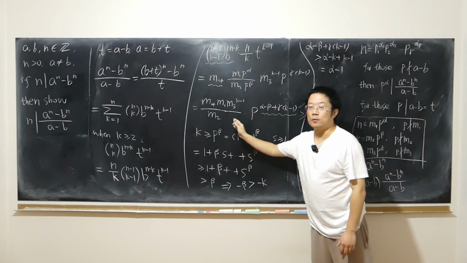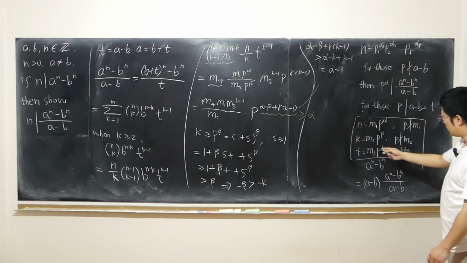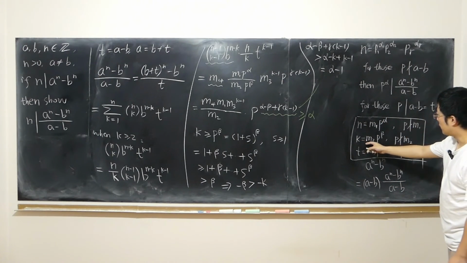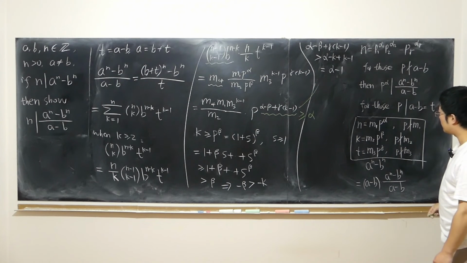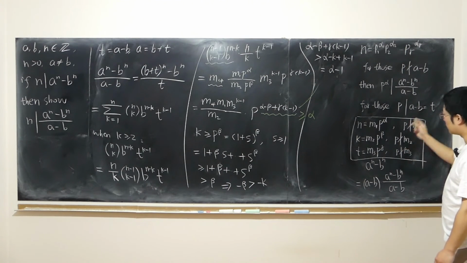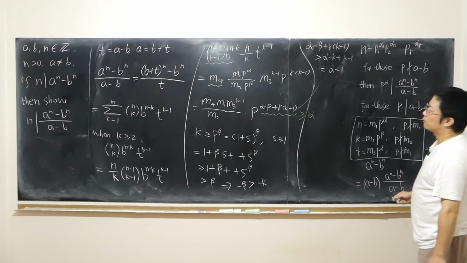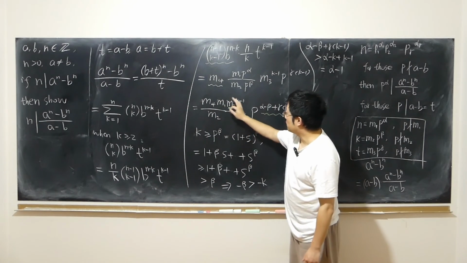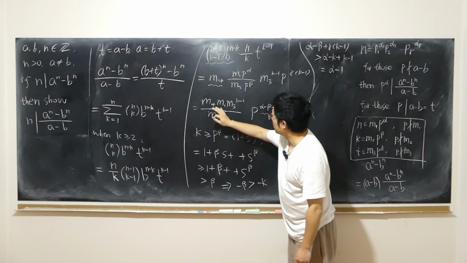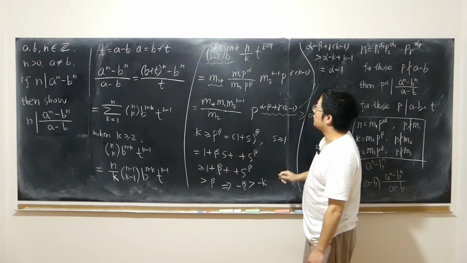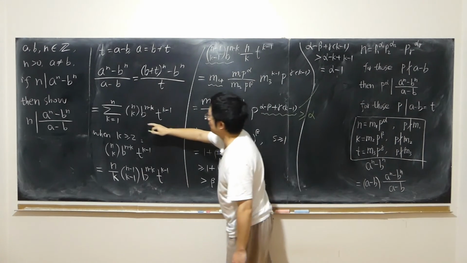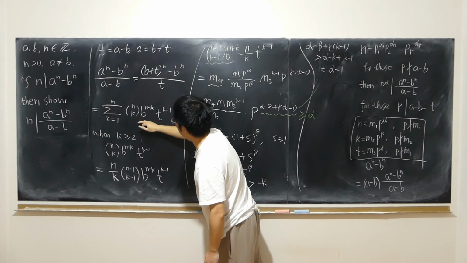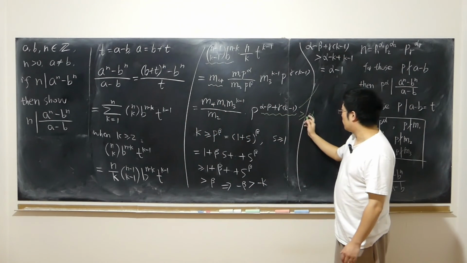Which is impossible because, like I said, I just rewrote k into m2 times p to beta, where m2 doesn't contain any p. So that cannot happen. So this whole thing must be an integer. So in the end, every term in here is a multiple of at least alpha many p's.